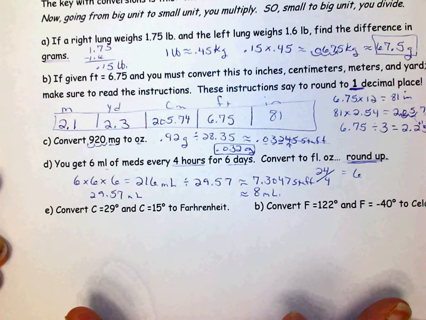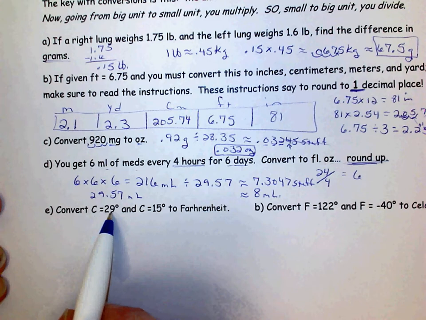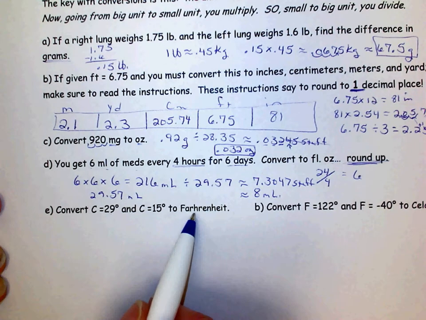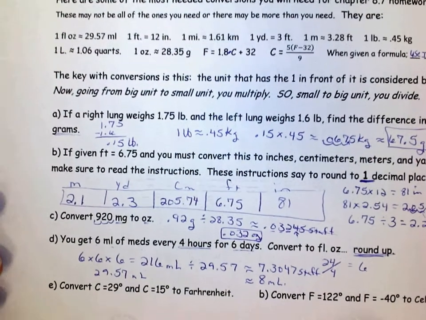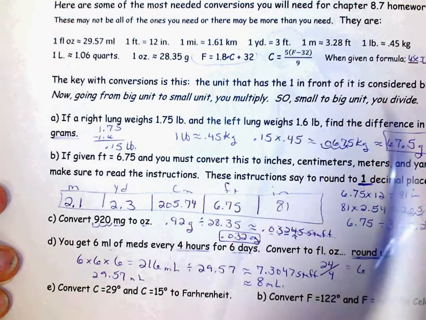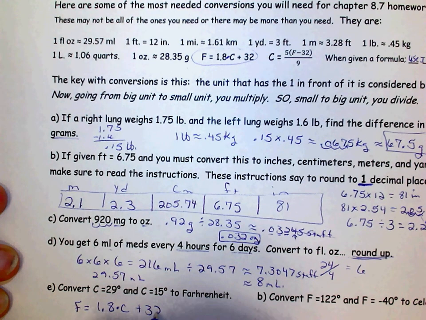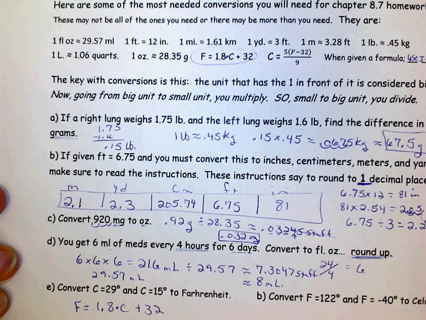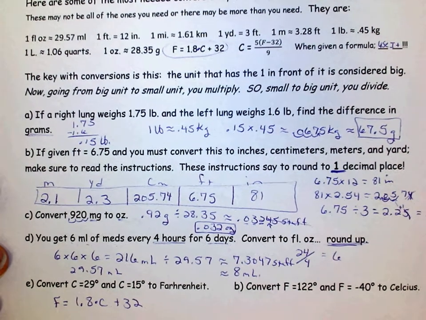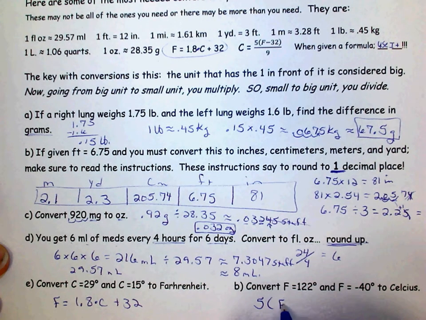Now, convert 29 degrees Celsius to degrees Fahrenheit. Well, right here, this is the formula we need. Fahrenheit equals 1.8 times your Celsius plus 32. And while we're at it, let's go ahead and get this other formula that we need. 5 times Fahrenheit minus 32, all divided by 9, is your Celsius temperature.